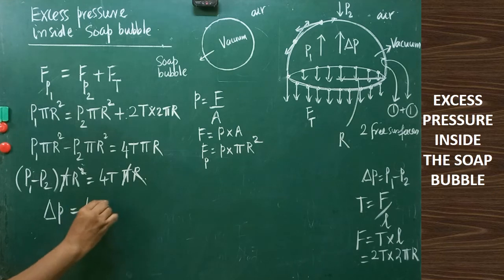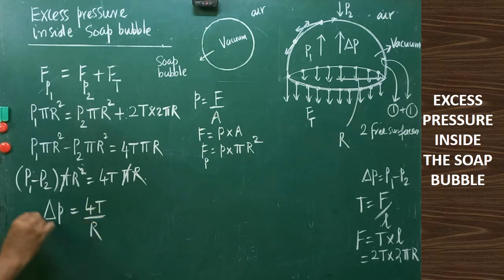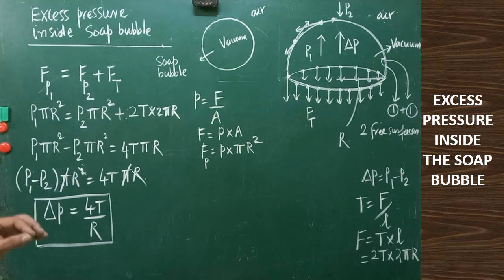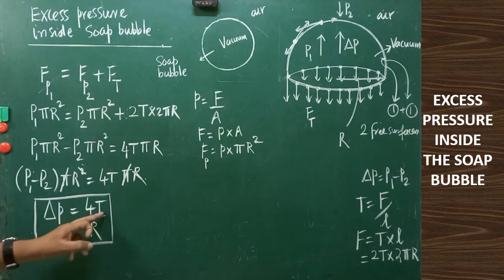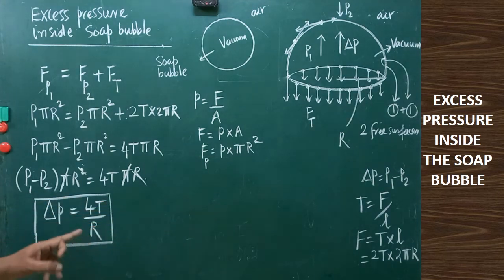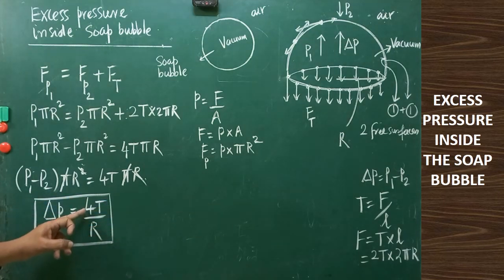Therefore, the expression becomes 4T by R. So this is the expression for excess pressure acting inside the soap bubble. Only in the case of a soap bubble can the 4T by R expression be observed, because 2 free surfaces are there. That's why in the final expression you could see the number 4. In the case of a liquid drop and an air bubble, delta P is 2T by R. So be thorough with all expressions. Are you clear?